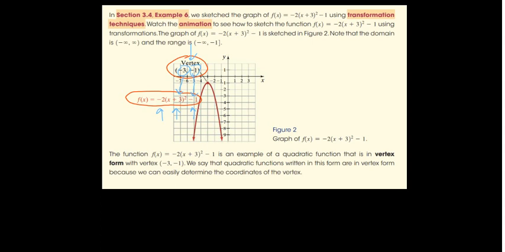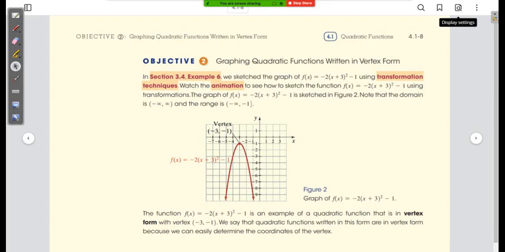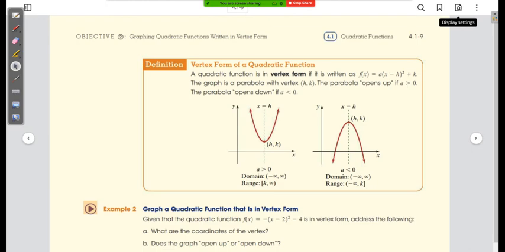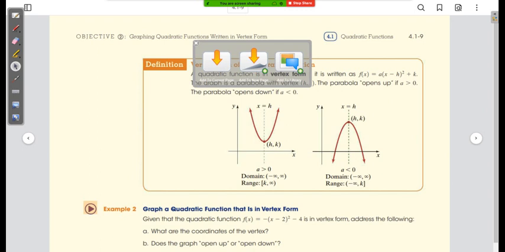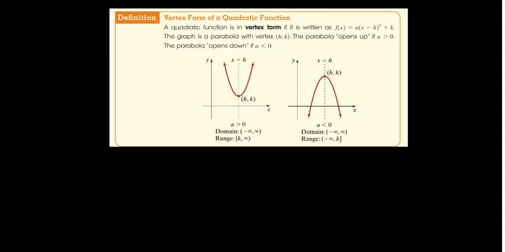Now this can all be coincidence, but lucky for you, it is not coincidence. It is super duper easy to figure out what the vertex of a quadratic function is simply by looking at those two numbers. So looking at this definition, a quadratic function is in vertex form.